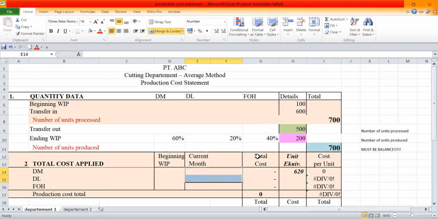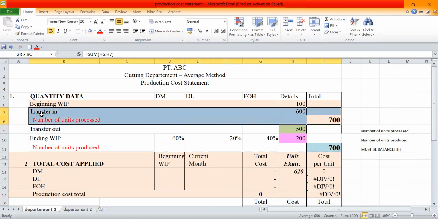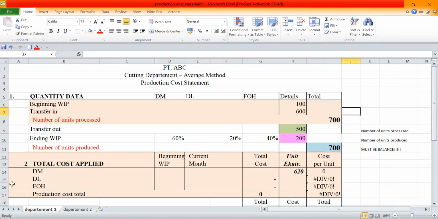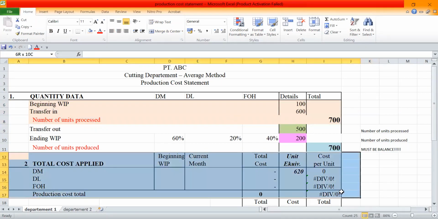And the total cost is the total of the cost of the beginning work in process and the current month. In here is actually talking about the total cost of the number of units processed. Okay, so the rupiah or dollar amount of this orange area is located on the second part of the production cost statement.